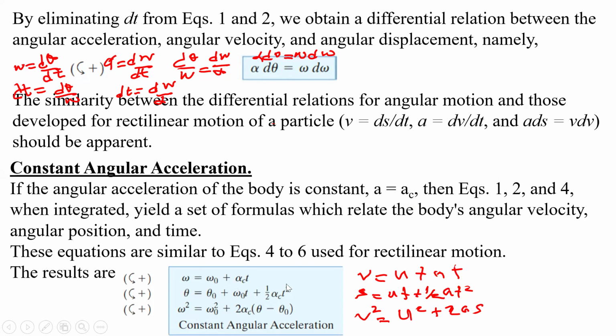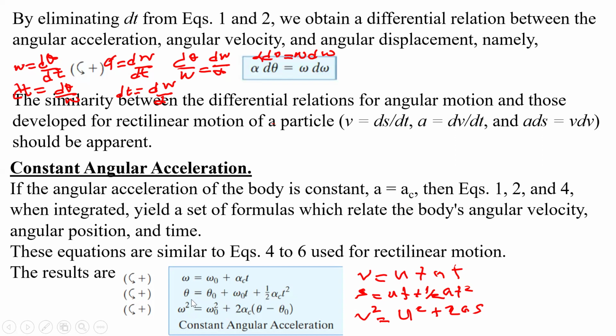And these are the similar equations for rotational or angular motion. Here we say omega is equal to omega naught plus alpha c t. Omega naught is the initial angular velocity, while omega is the final angular velocity. Theta is equal to theta naught, the initial displacement, plus omega naught t, that is initial angular velocity, plus half alpha c t square.